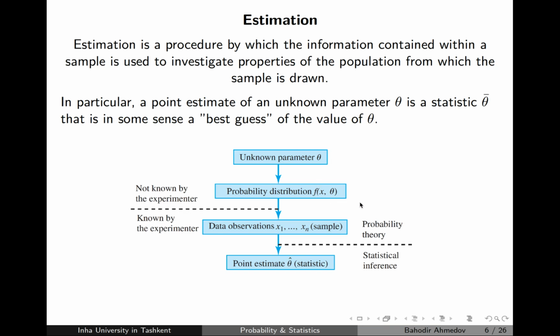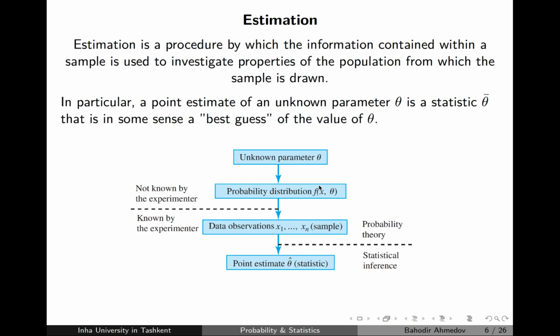Now the problem is vice versa. We obtained the data, for example, after Bernoulli trials we got a sequence of ones and zeros, and now I would like to know what p was used to generate this data. So we would like to estimate the best value of the parameter p.